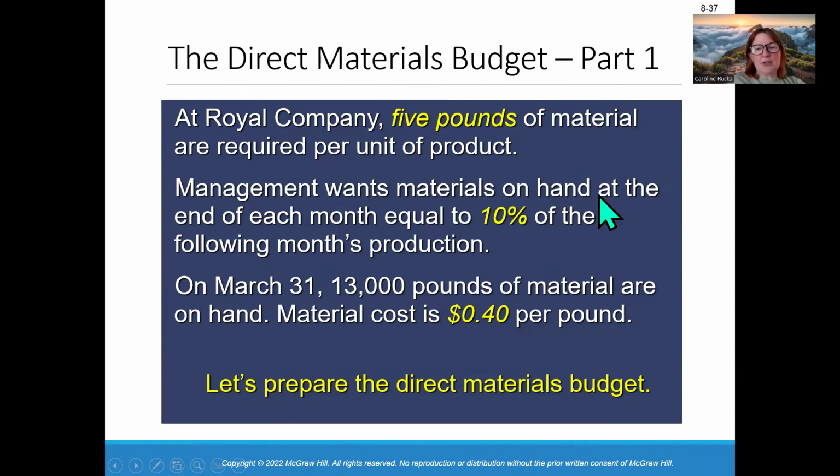Management wants materials on hand at the end of each month equal to 10% of the following month's production. So this sounds kind of like our inventory. We need to start the month with a little bit already, and in this case, that little bit is going to be 10%. On March 31st, 13,000 pounds of material are on hand. Material cost is 40 cents per pound.